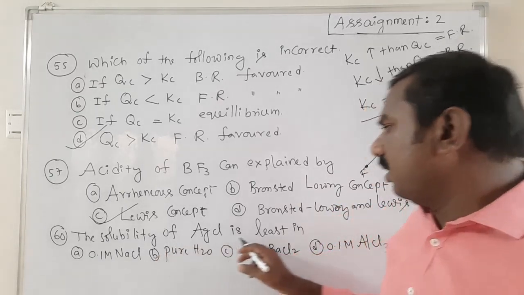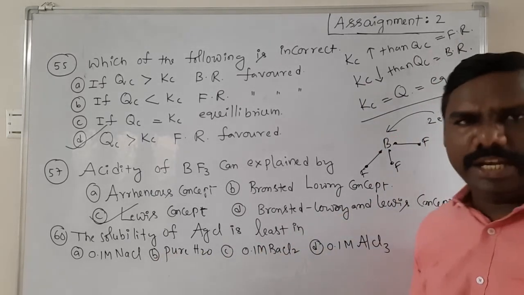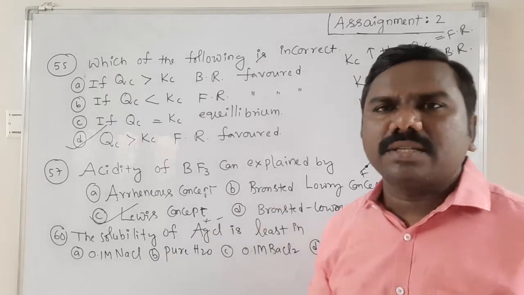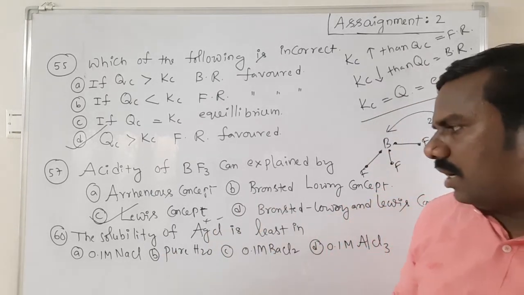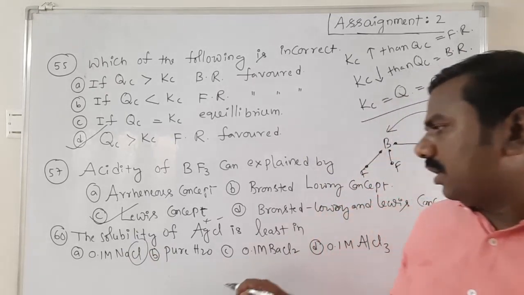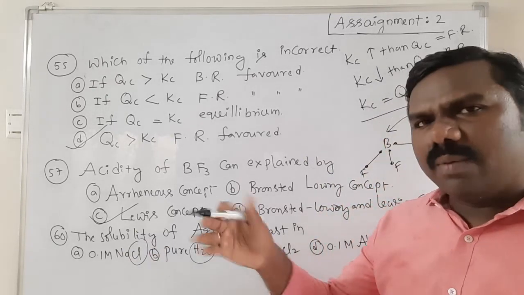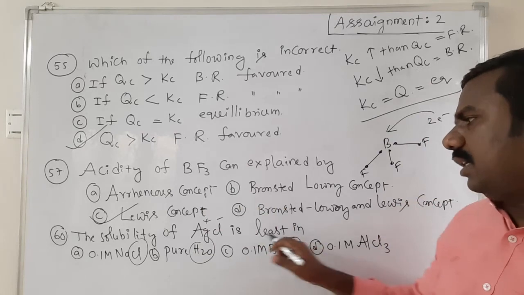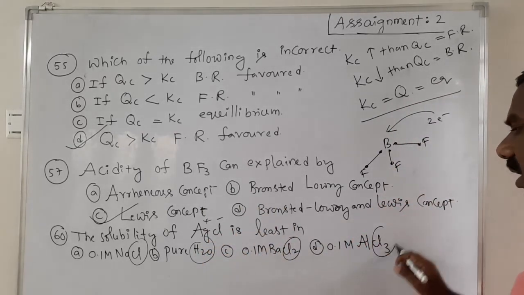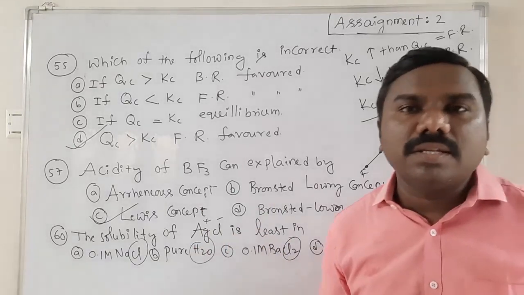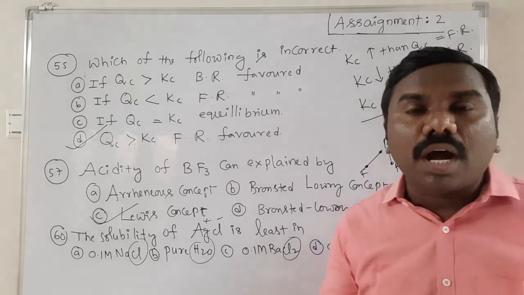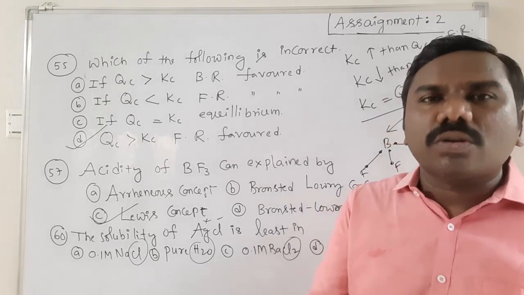The solubility of AgCl is least in which? AgCl has Ag plus ion and Cl minus ion. Both ions are there. In NaCl, Cl minus is there, a common ion. In H2O, no common ion. In BaCl2 and AgCl, the common ion is chloride ion. In AlCl3 and AgCl, the common ion is chloride ion. But here there are 3 chloride ions, more common ions. Common ion effect is more.